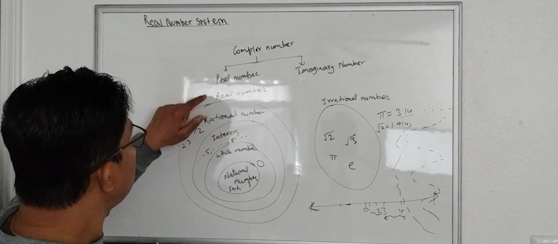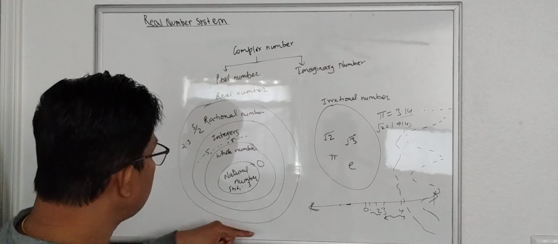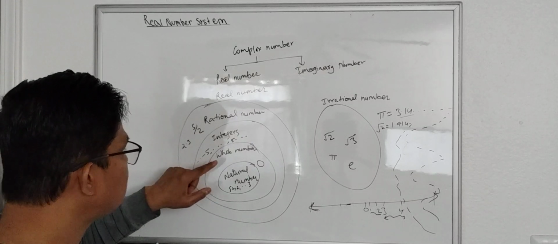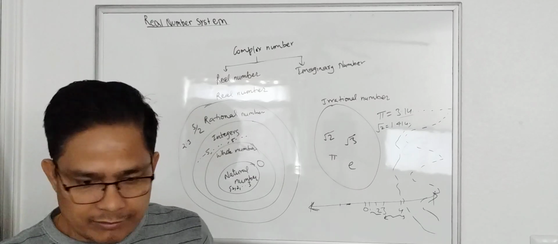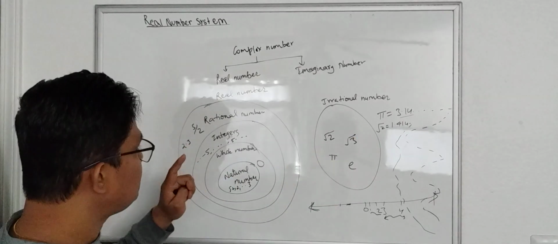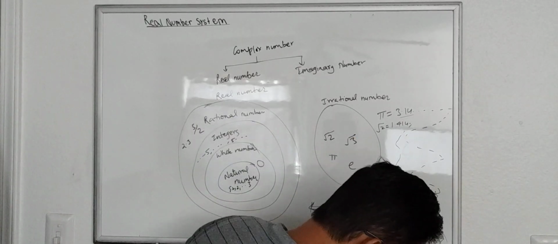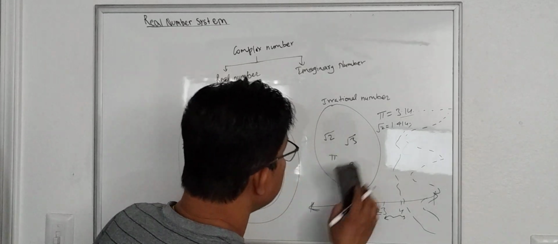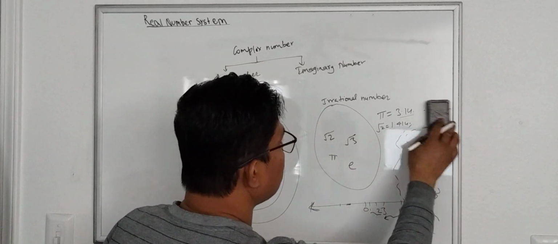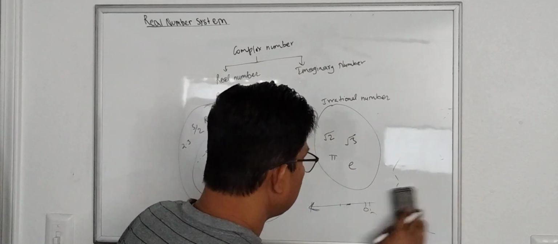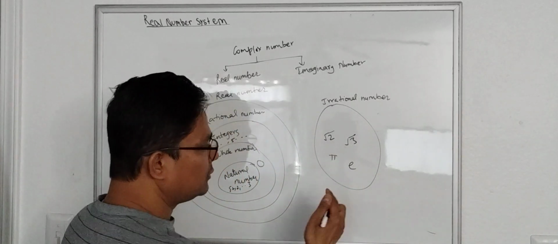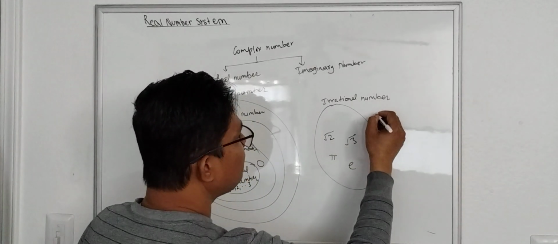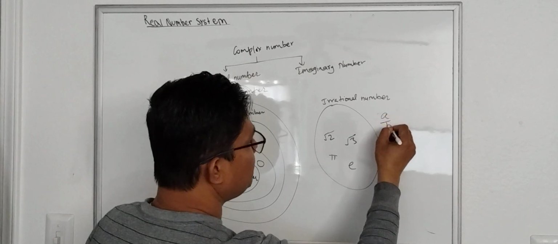Now, real numbers, you have everything. All the natural numbers, whole numbers, integers, these are part of rational numbers. Now, let's say something that can be repeated. Let's say some fraction a by b is there.